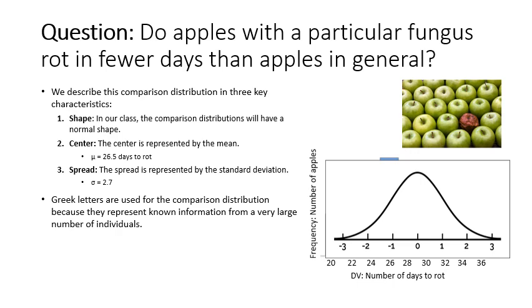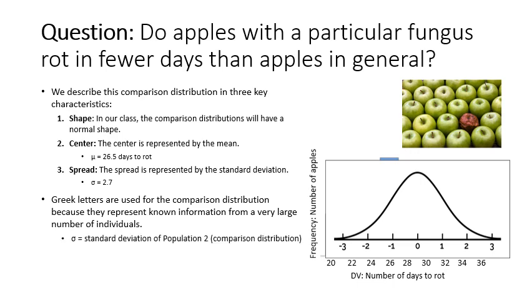Greek letters are used for the comparison distribution, like sigma and mu here, because they represent known information from a really large number of individuals. And we don't even know all those individuals. We can't get them back. So this represents a theoretical distribution, or a distribution where the raw data are no longer within our reach.